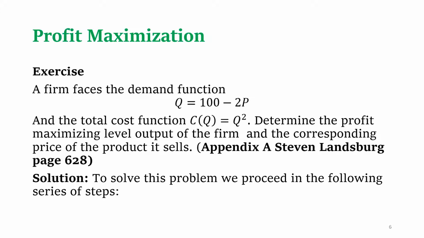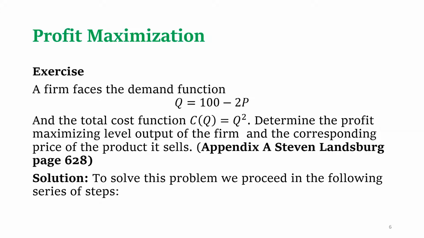You are equating it to 0 because marginal revenue must be equal to marginal cost for a firm to maximize its profit. That is the profit maximization condition of the firm: marginal revenue equals marginal cost.